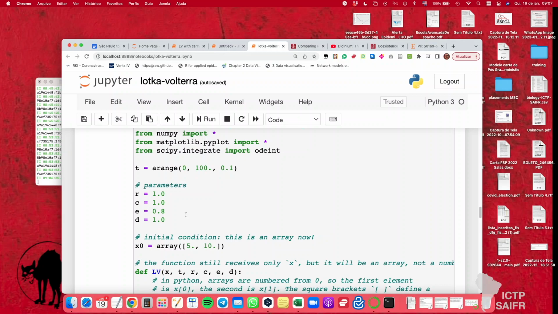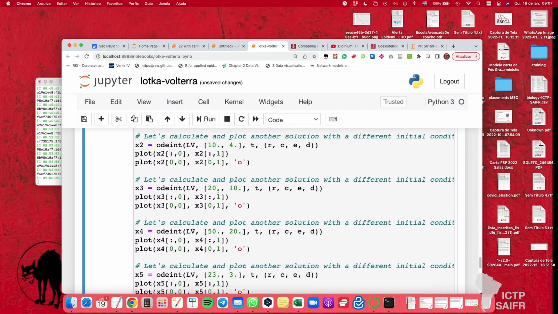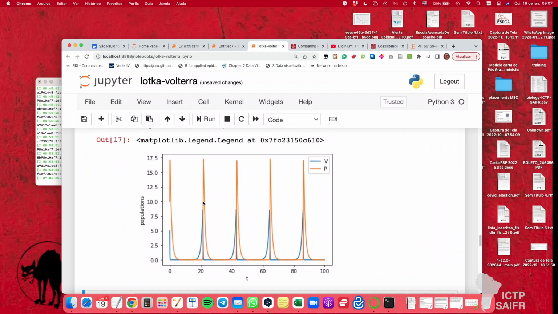This is a case where the efficiency is bigger than 1, so we can see what happens if I put 2.0 here and run it. Now the prey has an oscillation with an amplitude which is bigger than the amplitude of the predator, or rather, the predator has an oscillation where the amplitude is bigger than that of the victim, the prey.